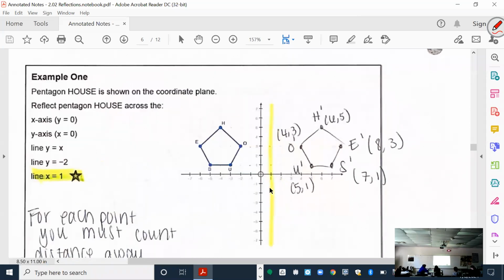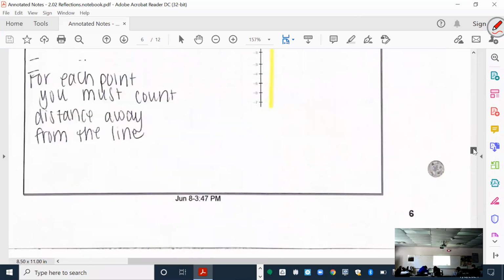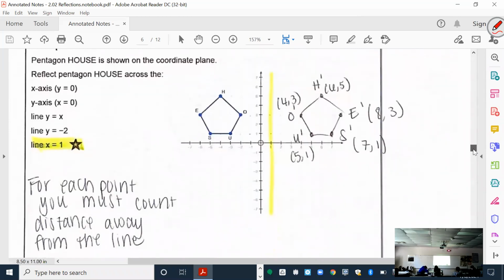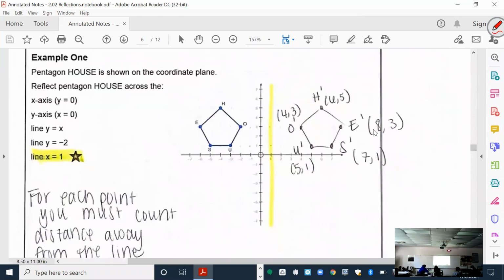So it's reflected across the line where x equals 1. So it should look like this. And I wrote down the coordinates for the new image.